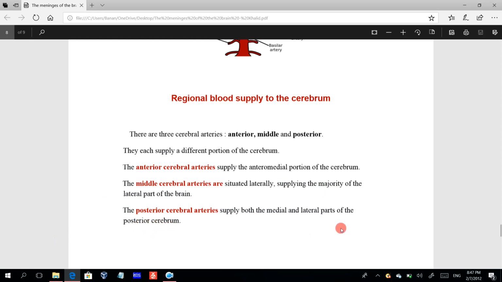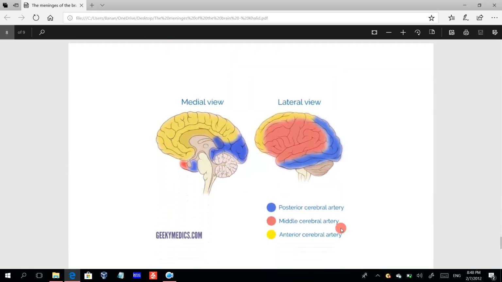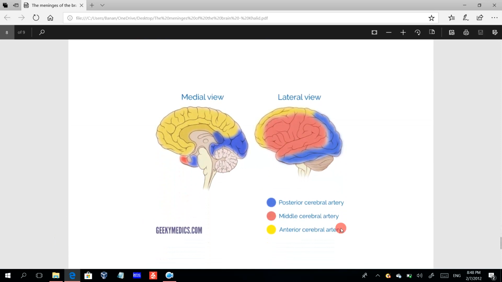Medial and lateral parts. See, this picture will show you this distribution of the blood supply to the brain. So this in the yellow color is the anterior cerebral artery. This is the distribution of the anterior cerebral artery. Of course, this is the medial view and this is the lateral view.